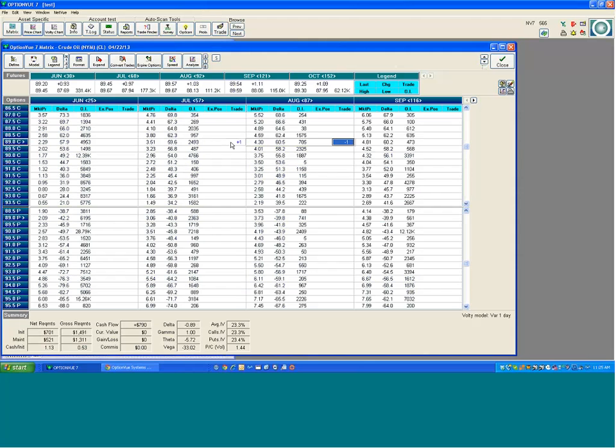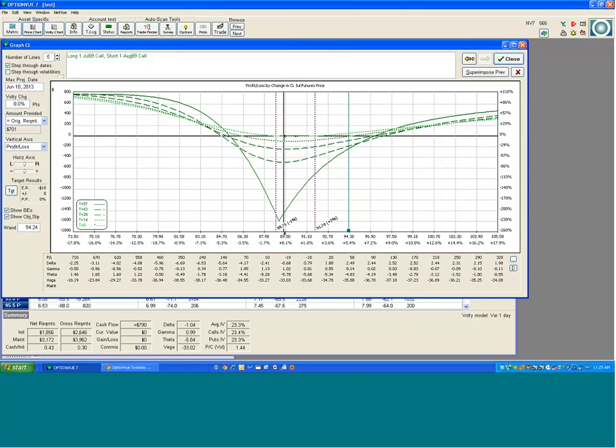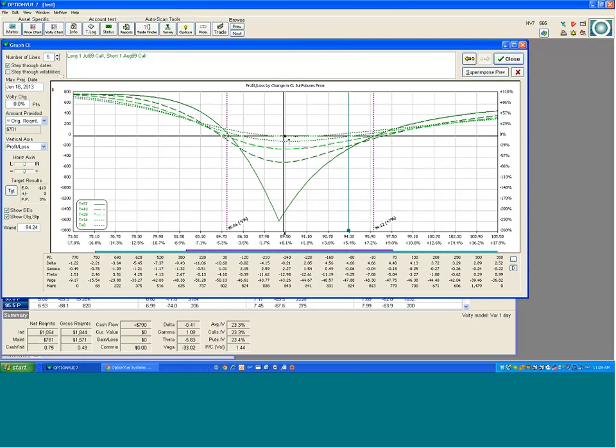So we're buying July, and we are selling August. And what that does, of course, is it flips the graph that we were looking at before on its head. Now we have negative time decay, we have negative theta, and we have negative vega. In other words, this trade loses with the passage of time, and it benefits if implied volatility decreases. It gets hurt if implied volatility increases.